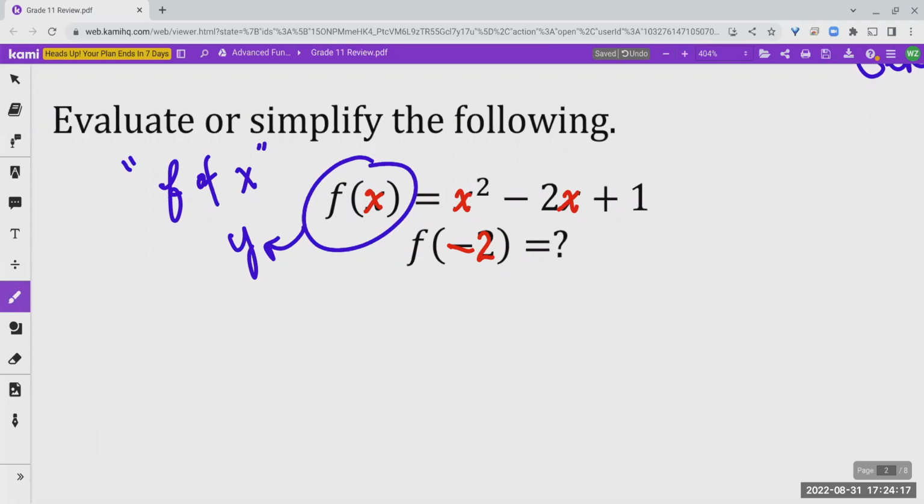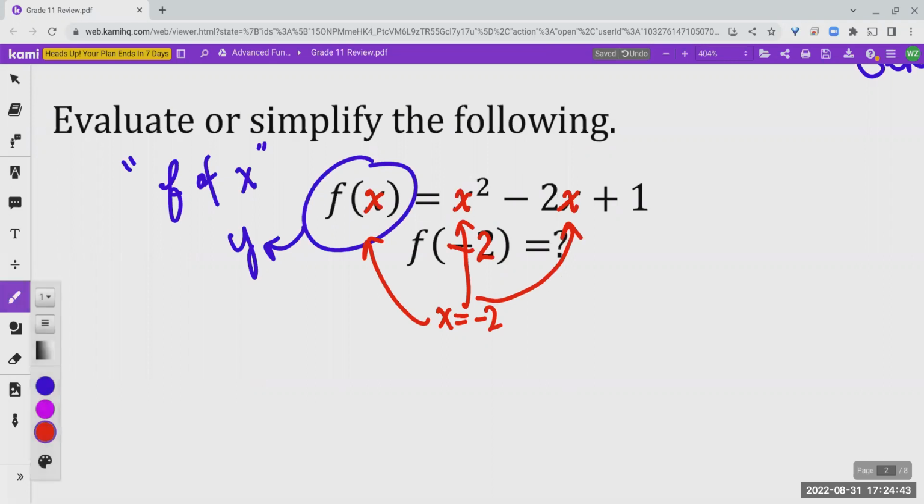So all you have to do is replace all the x's with the negative 2, which means x equals negative 2. Basically, this is asking you, what is y when x is negative 2? So all you have to do is plug x into your function, and you should have the answer.